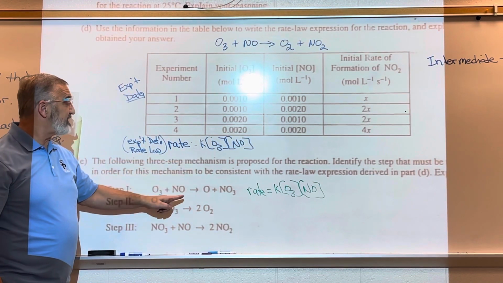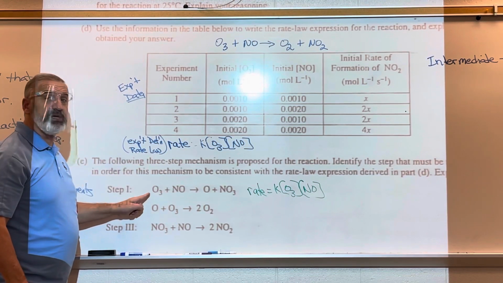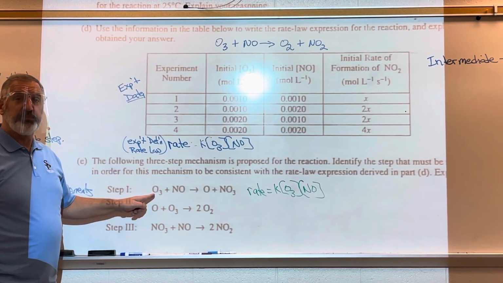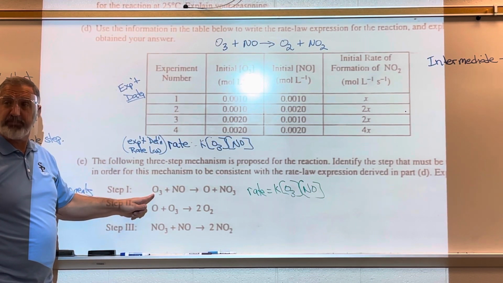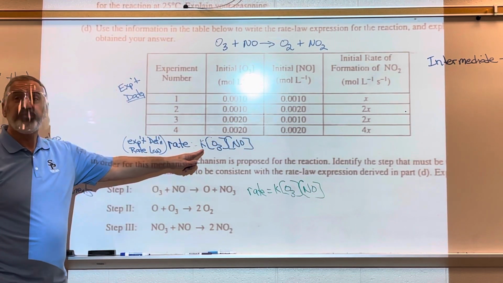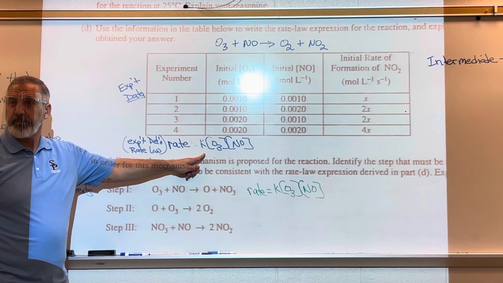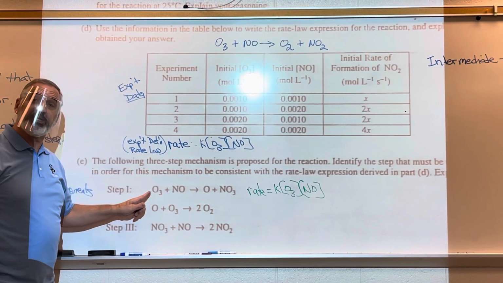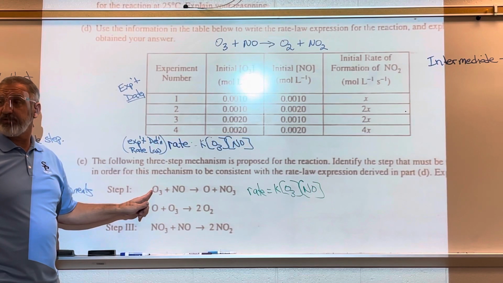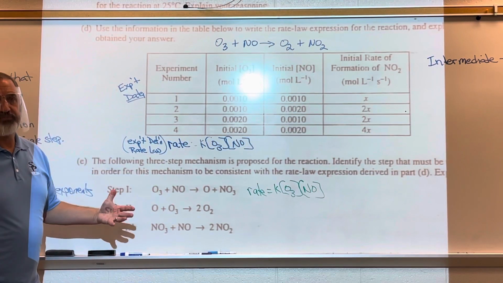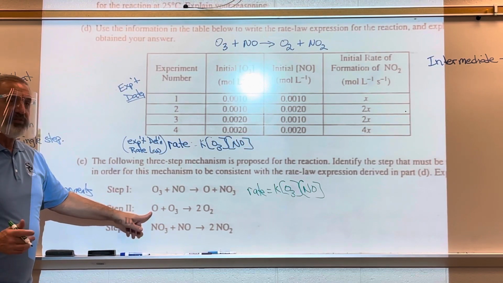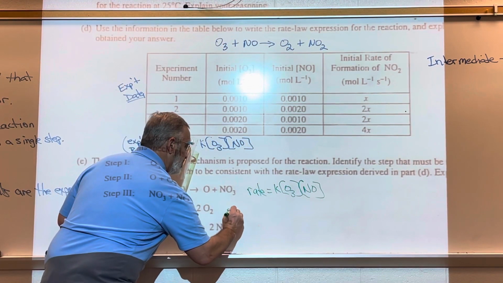That's going to tell me that this must be my rate determining step, because if this is a valid mechanism, the rate law of the rate determining step has to equal the experimentally determined rate law. In an elementary step, we get to use the coefficients as the exponents. Okay? So, just for proof here, this one, what's the rate going to equal?